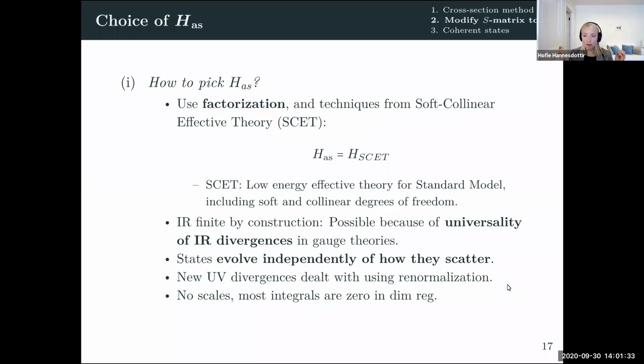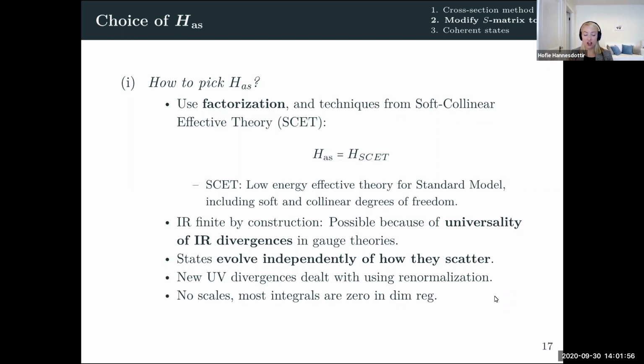So we're kind of stripping off the IR divergent universal part with this choice, and we're left with the non-IR divergent and non-trivial part. And we will generate new UV divergences with this construction, and that's already known from SCET, and we deal with that using renormalization as usual.